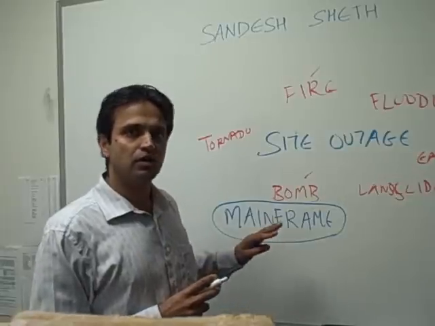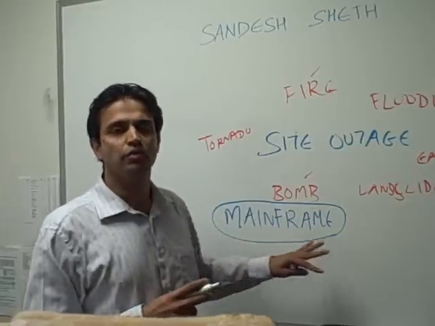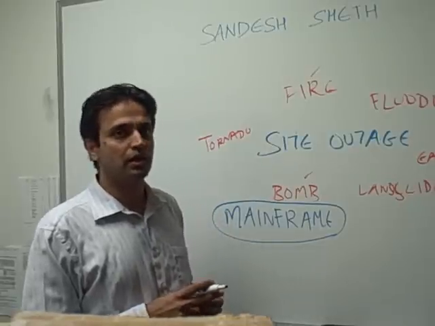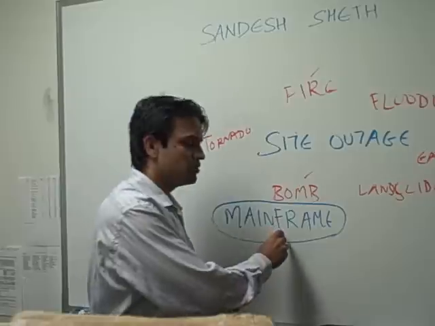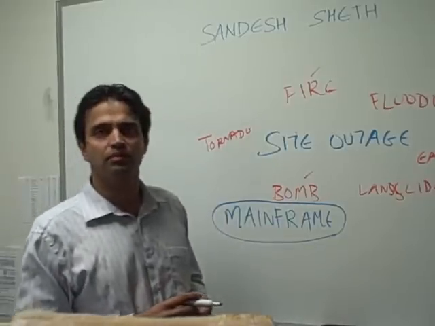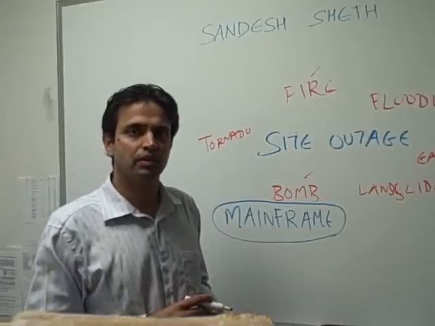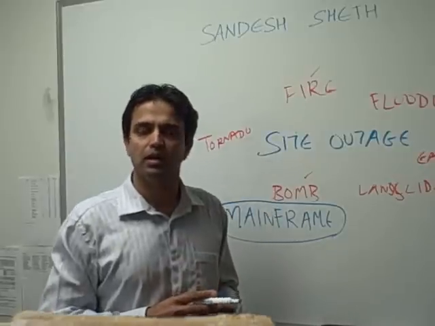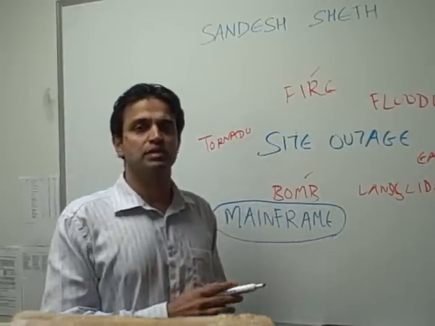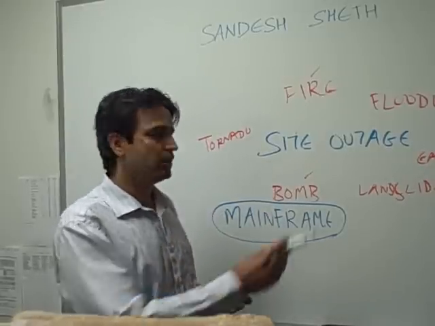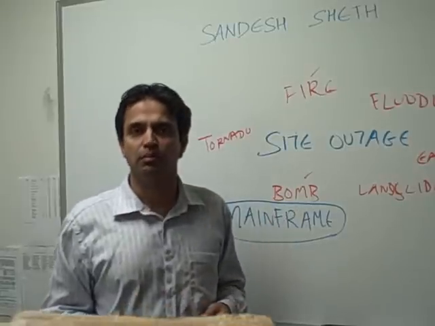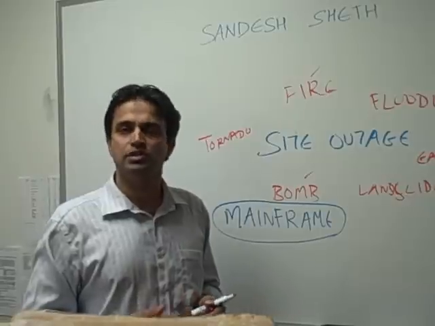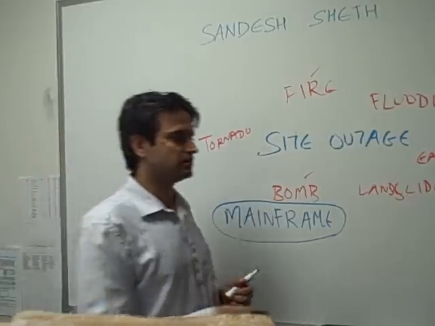Due to the inherent costs and difficulties involved in duplicating a mainframe at an alternate location, if for any reason this mainframe were to be unavailable, then even though the site is available and accessible and the employees can still come into the building, the non-availability of the mainframe warrants initiation of a business continuity plan.